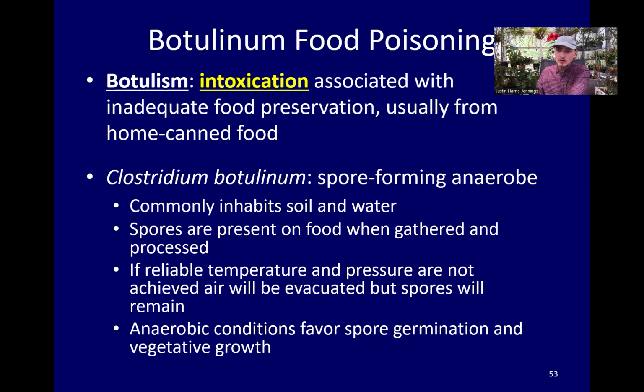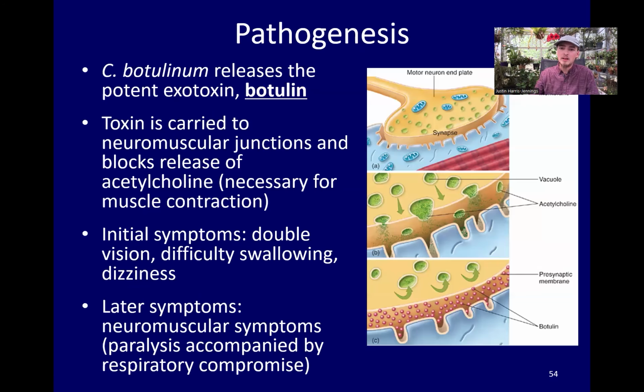But if it gets into our lower digestive tract, it'll be able to have that anaerobic environment, and it can create, again, those toxins that are going to give us, instead of contraction, the inability to contract our muscles. And so this toxin called botulin prevents the release of these acetylcholine vesicles and blocks us from telling our muscles, okay, contract.